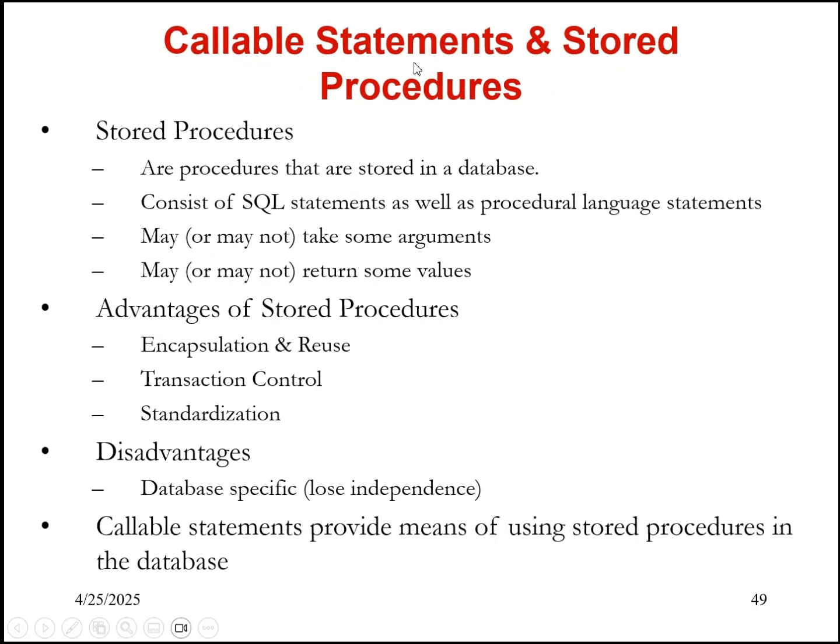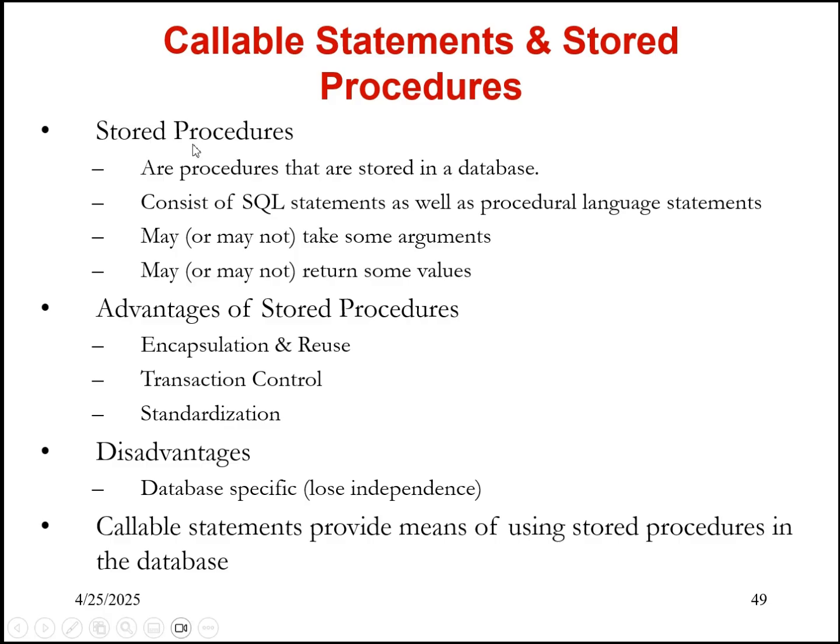The next type of statements is the callable statements, which are used especially for stored procedures and functions. Whenever we are working with SQL, we have three types of code. One is our normal single SQL statements, and another is a combination of multiple statements, the SQL script. That SQL script will be used as procedures or functions.